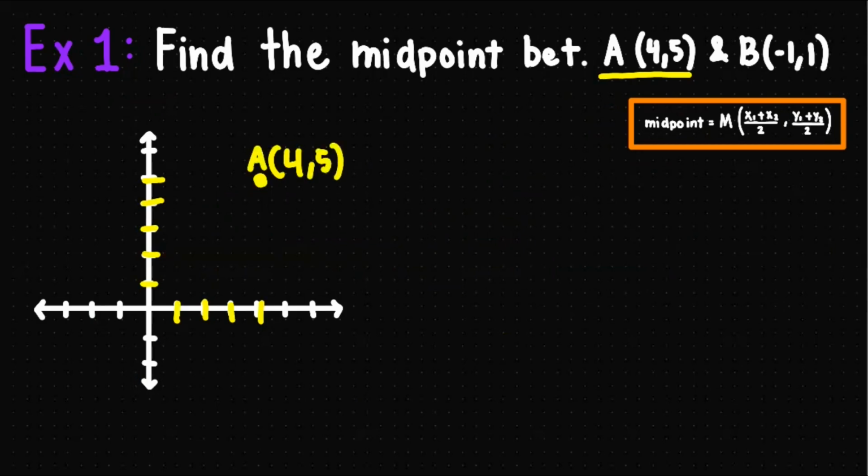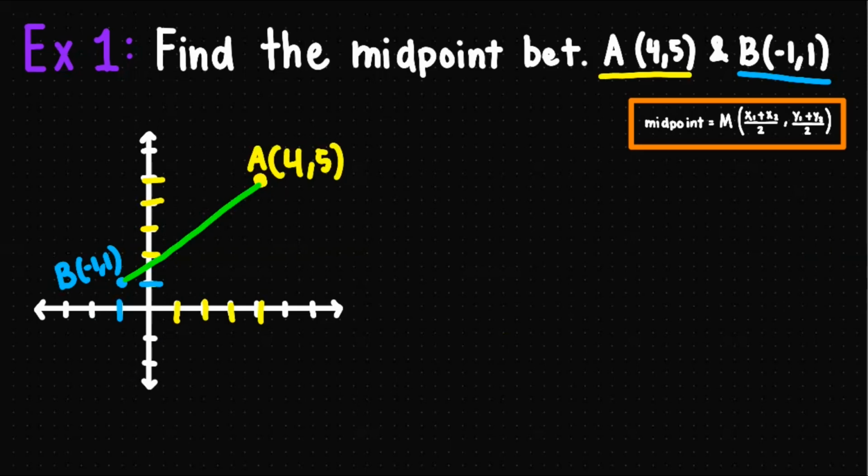For the point B, the x coordinate is -1 and the y coordinate is 1, so it's around here. And let's try to draw a line segment here. There. So our goal is to find the middle of this line segment.